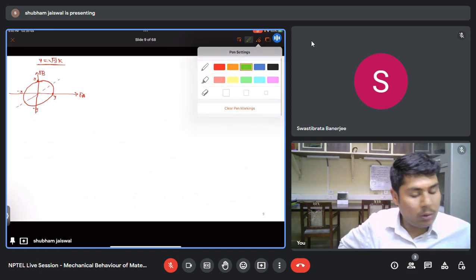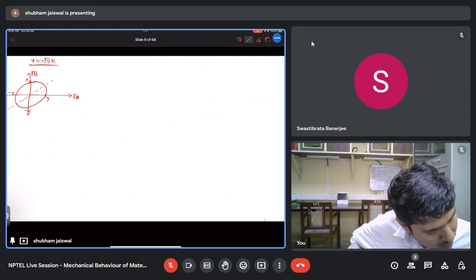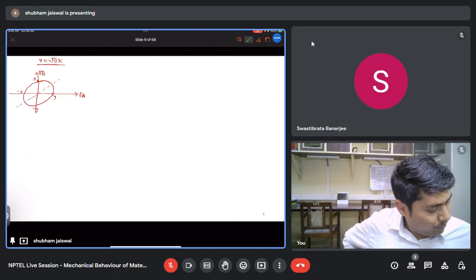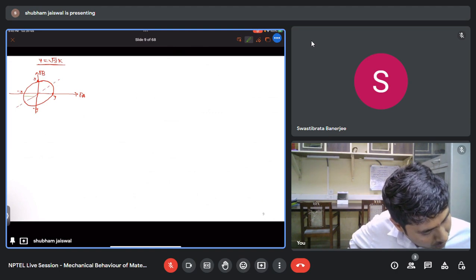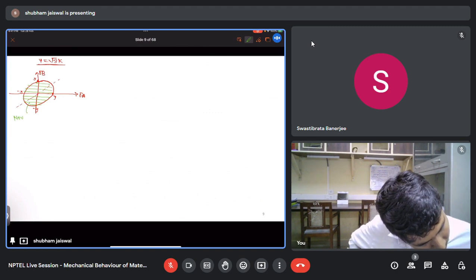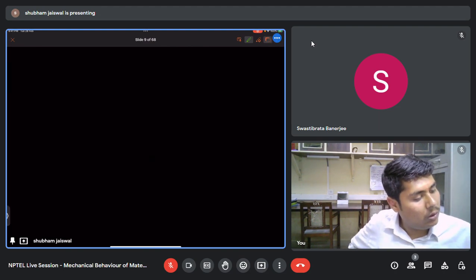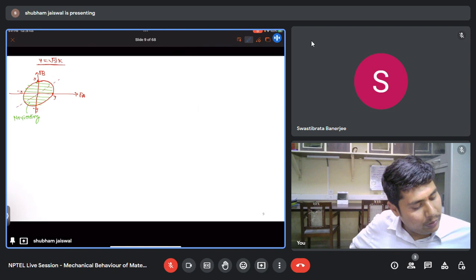So if our loading conditions are under this curve, in this green zone, no yielding will take place. And if we go outside this curve, the yielding will take place.